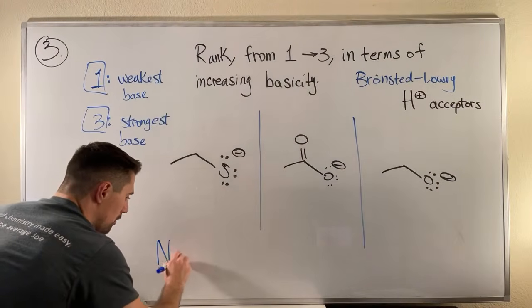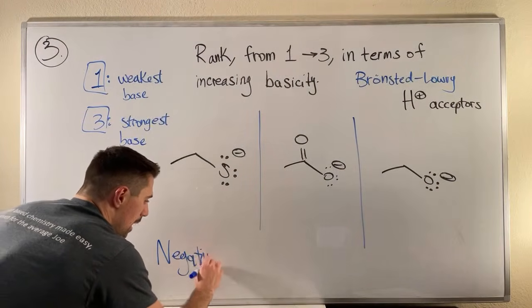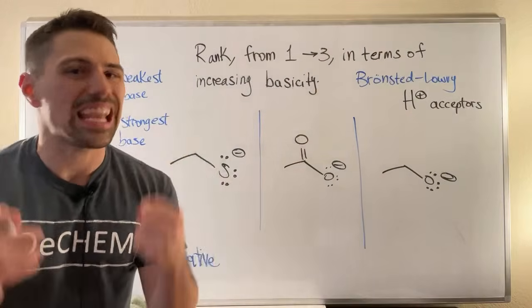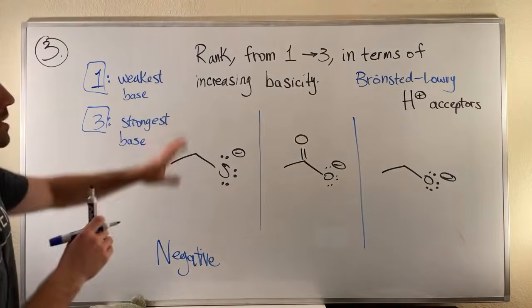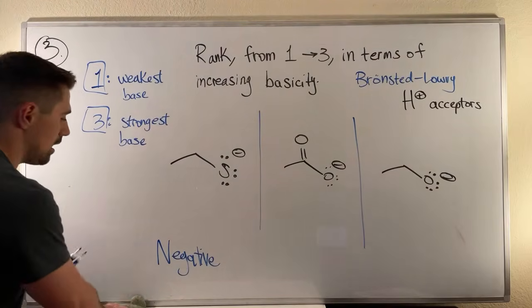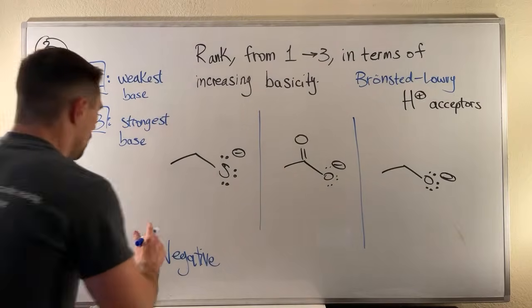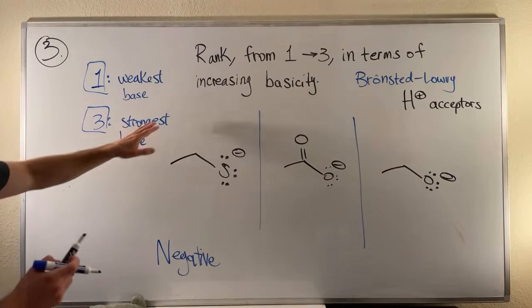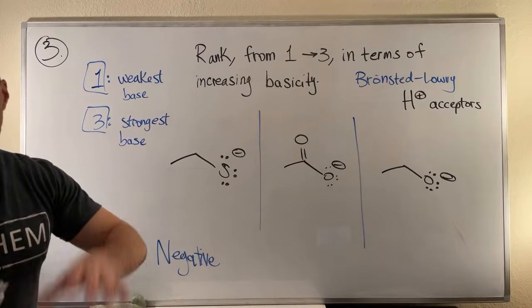I know I'm running all over the board, but in my mind, when I think of really strong bases, I'm thinking of very reactive, negative things. One thing that will help us is to remember that weak bases come from strong acids and strong bases come from weak acids.